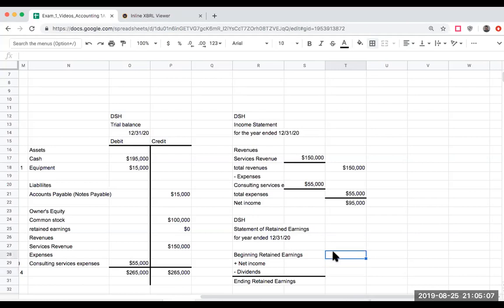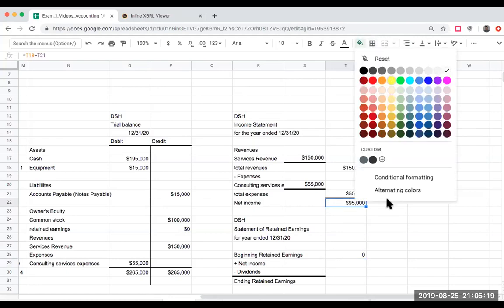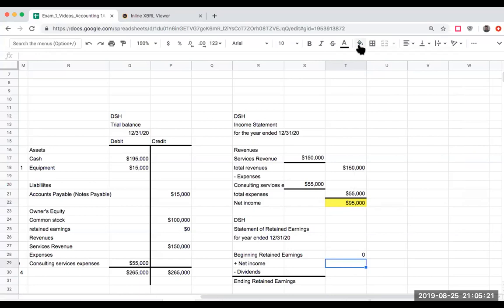So my beginning retained earnings is going to be 0. How much did I have in terms of net income? What was the net income I just calculated? 95,000. So right over here, I'm going to go 95,000 and then 95,000, pulling this from the income statement.